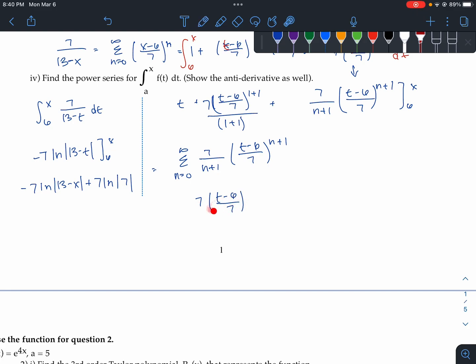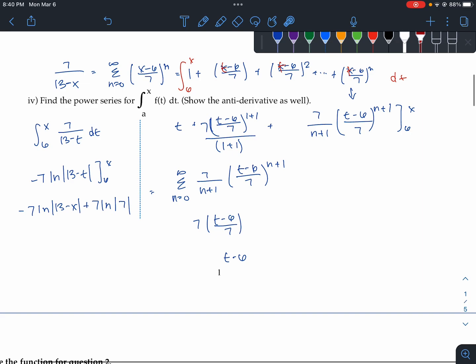Now if I were to simplify this, I would get t minus 6 as my first term. Now the thing is, up here, my first term was t, not t minus 6. So where is this minus 6 in my power series? Where is that along here? So it's all the way in the last part right here.